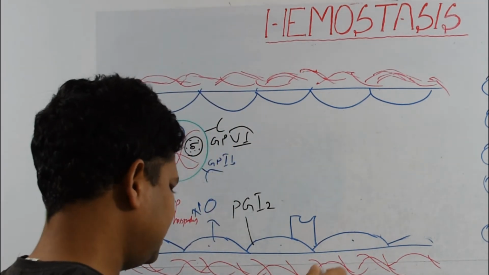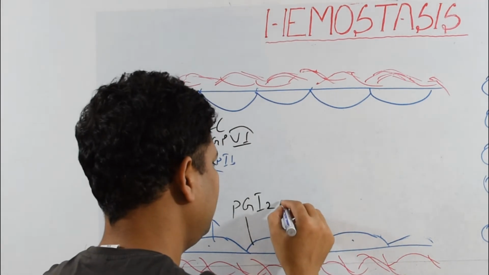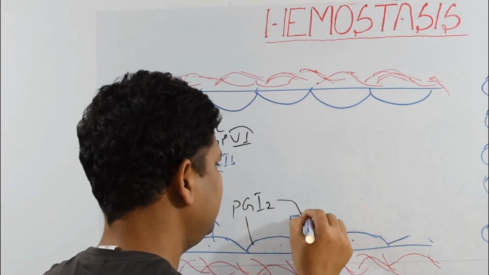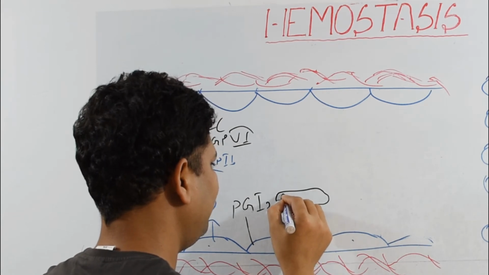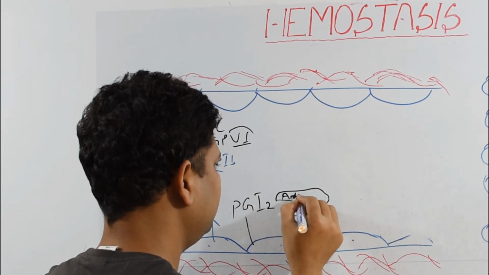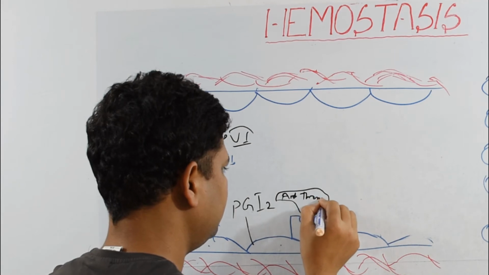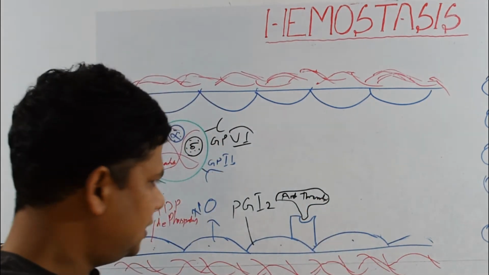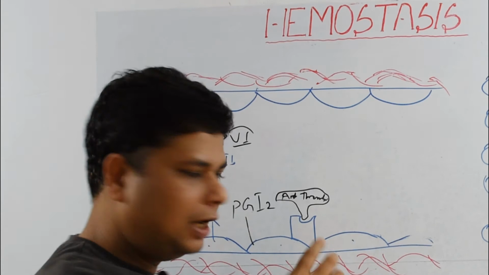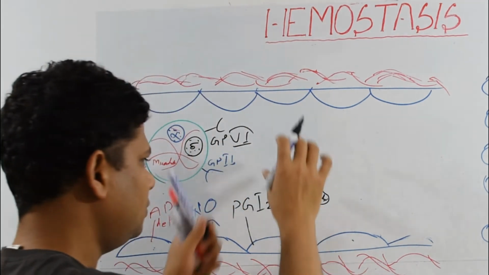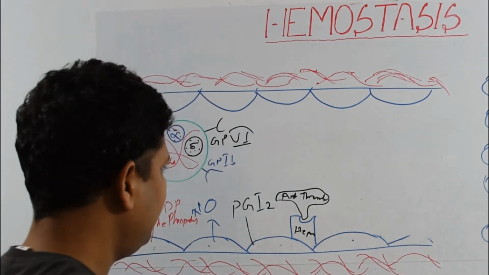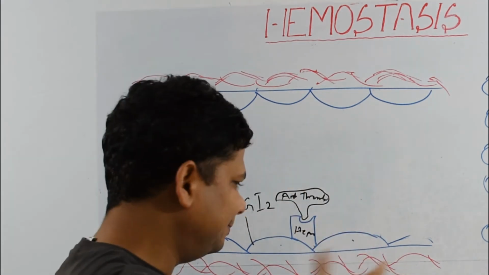This heparin binds to antithrombin. This binding of heparin to antithrombin makes the antithrombin active.